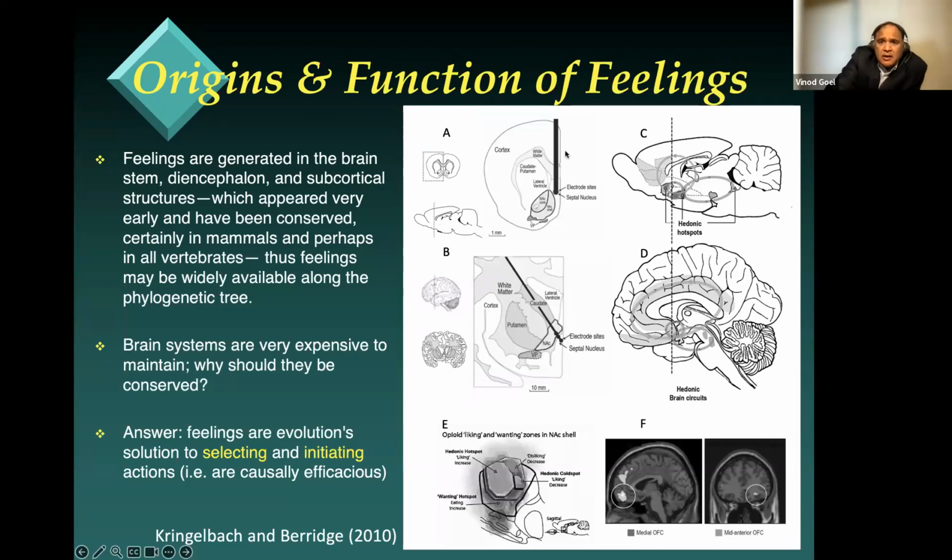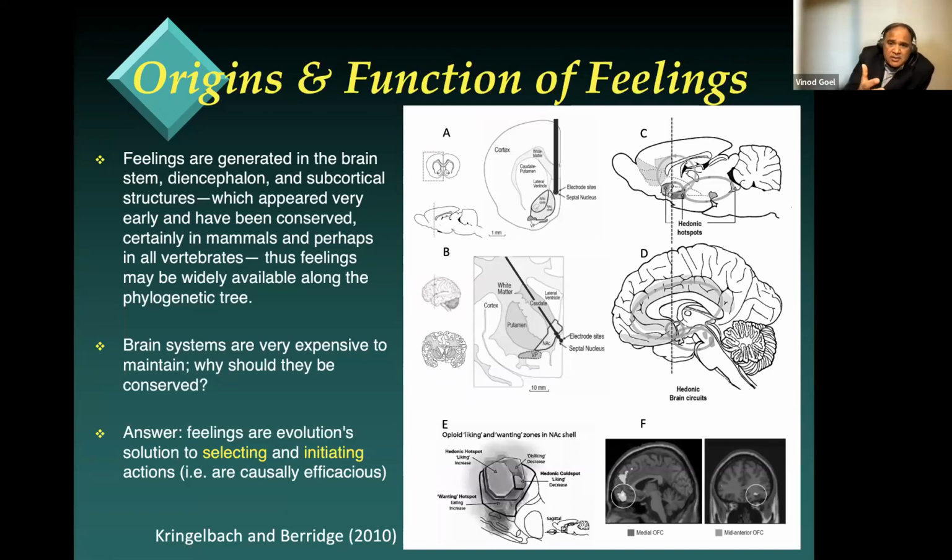Here, this is a rat brain. This is a human brain. Famous experiments from the 1950s: you insert an electric probe and provide electric shock in this area, the nucleus accumbens in the rat, and the rats like it. They will work for it. This is a human brain. Here, you insert a probe and provide electric shock in a similar area.